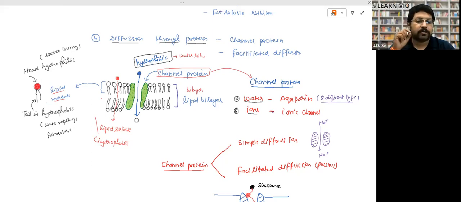The question asked how many types of aquaporin there are, and this question was directly from your textbook, from page number 117, given in the third paragraph of this page. The same line was picked.